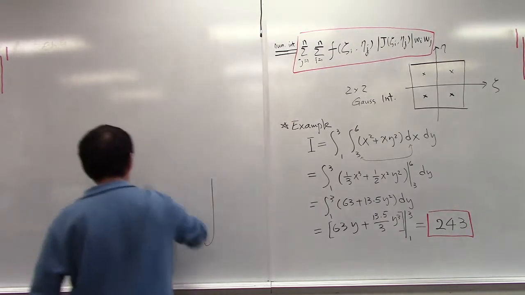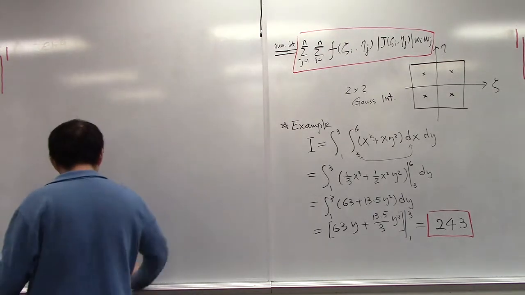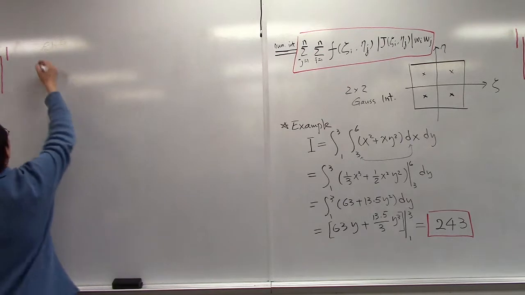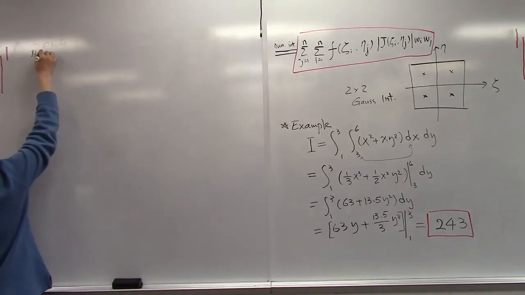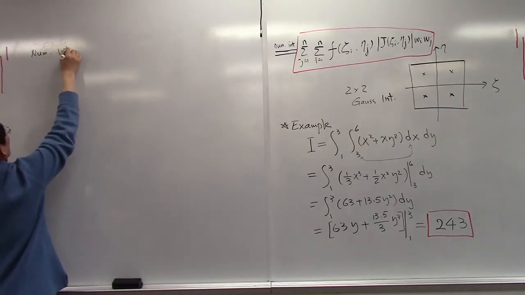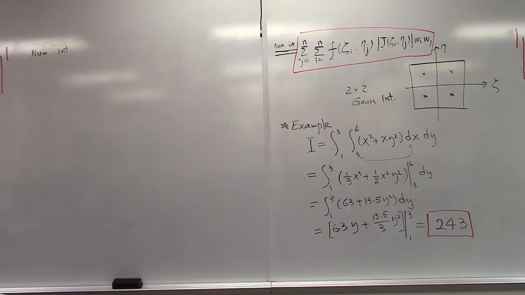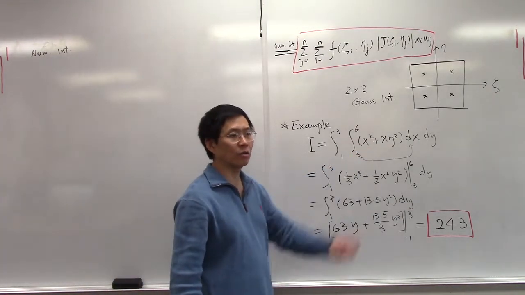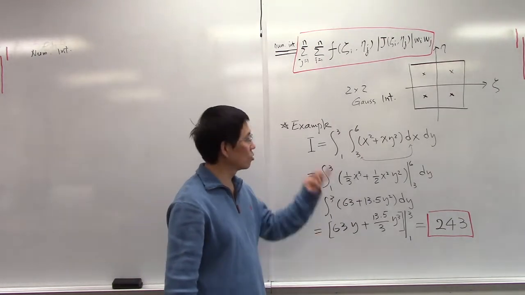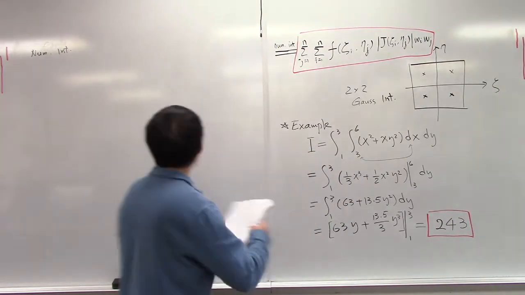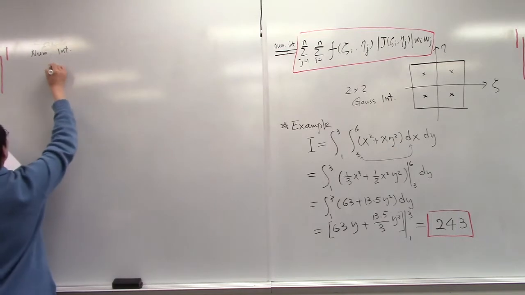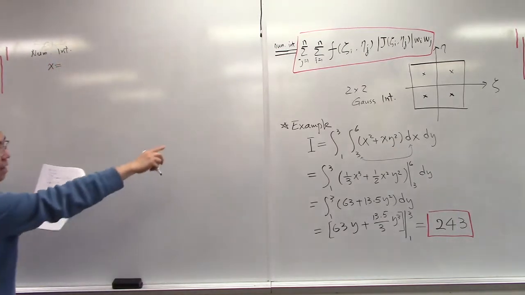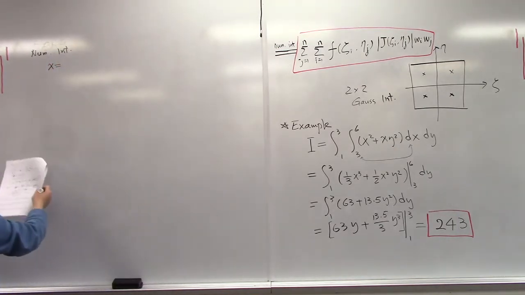All right. Next is numerical integration. First, we need to transform the global coordinate to natural coordinate. The natural coordinate should run from -1 to 1. It's very easy to map these to a natural coordinate.